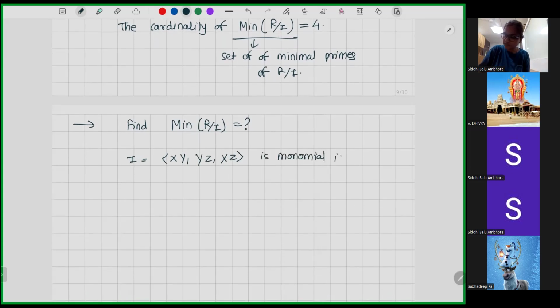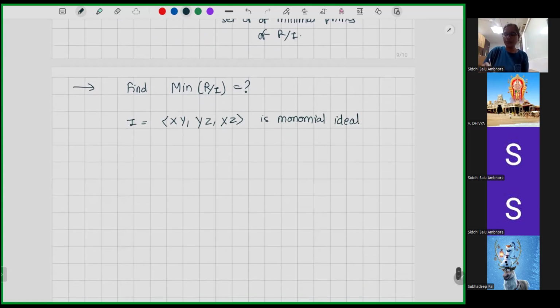One result which I will use here, you will learn about this in the next couple of weeks when you learn about primary decomposition: if we have f, g in R and gcd of f, g is 1, then (I, fg) is (I, f) intersection (I, g).